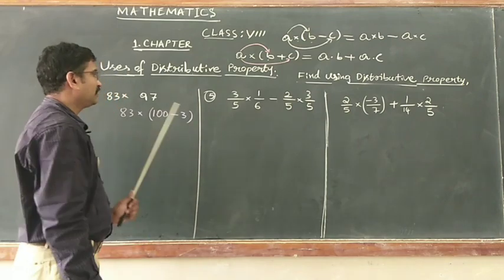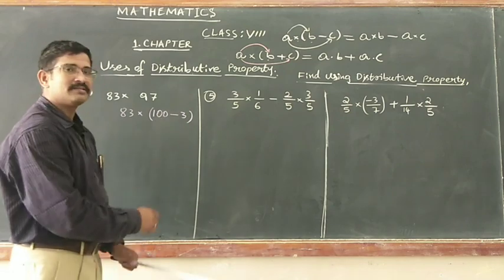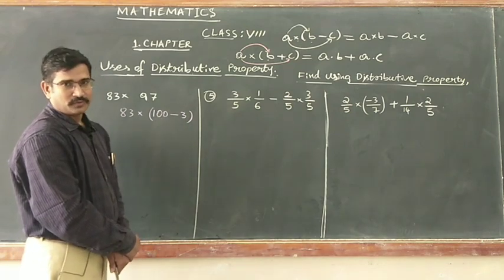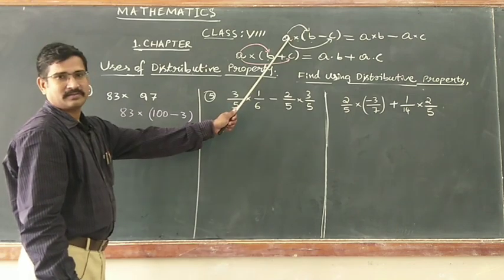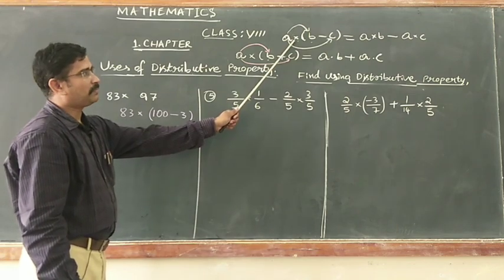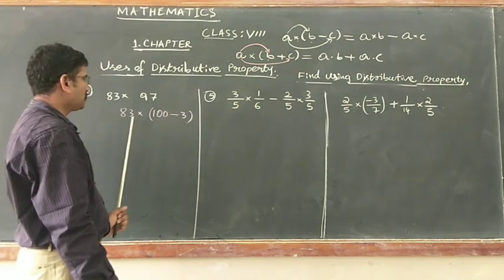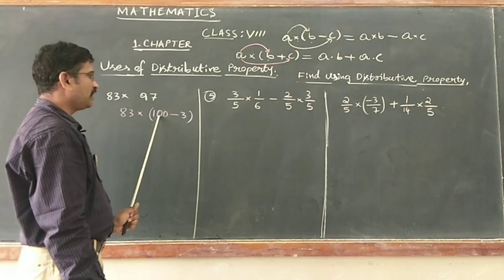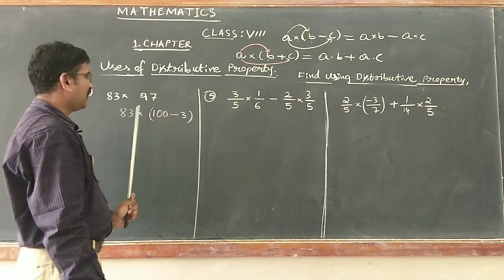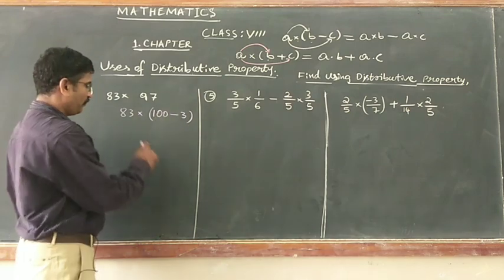Here I am writing 97 as 100 minus 3. So, using this trick I can now apply the distributive property of multiplication over subtraction. It looks similar. Here A into B minus A into C, I can use it now.